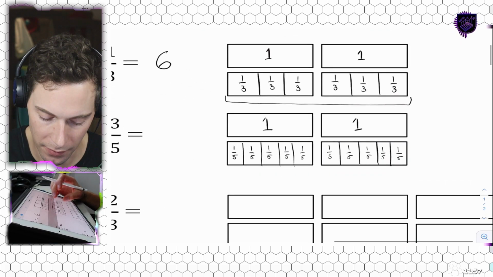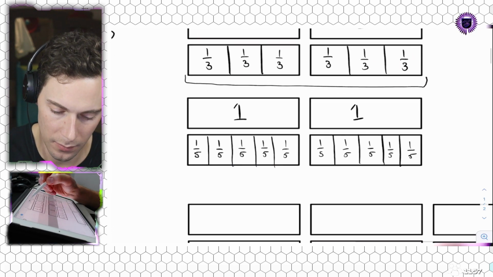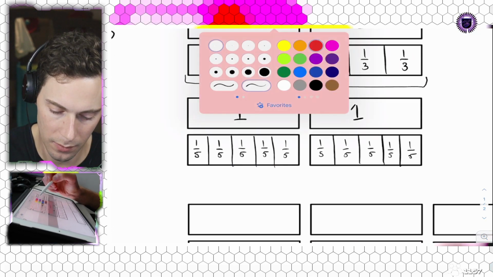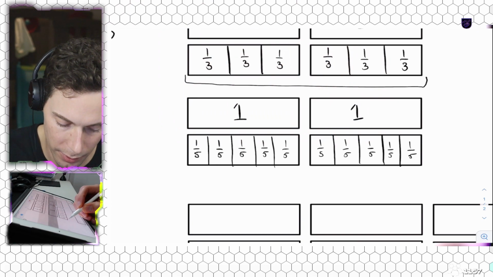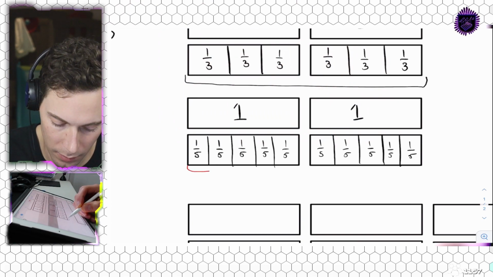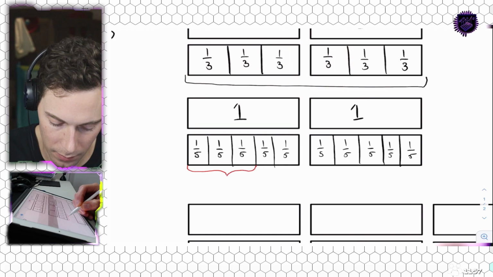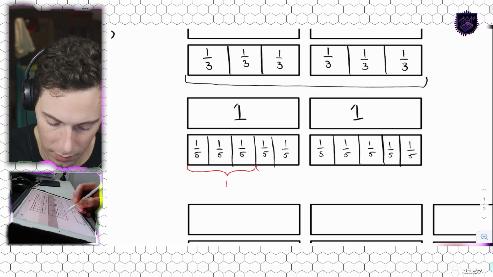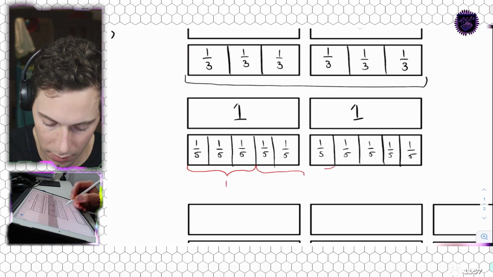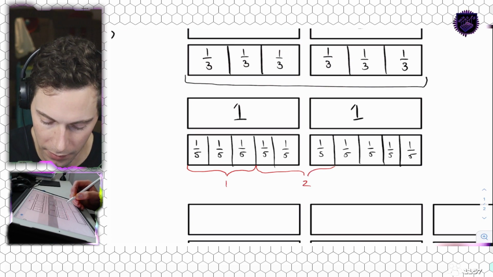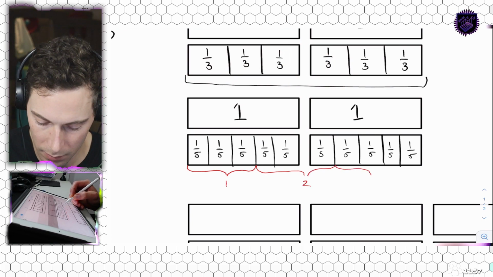I want to make groups of 3. So let's start with my red marker. So here's one group of 3. Here's a second group of 3. Here is a third group of 3.